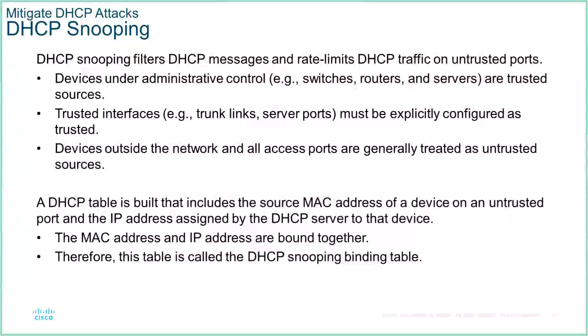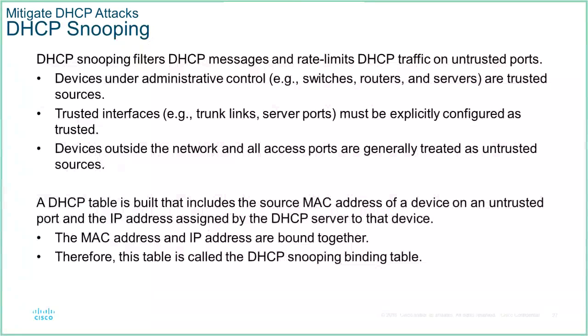Okay, so one of the things you can do is build a table of authorized MAC addresses. It's a bit of a problem, but you could do that. You basically record the MAC addresses and the IP addresses, so you're binding the MAC addresses and the IP addresses together.